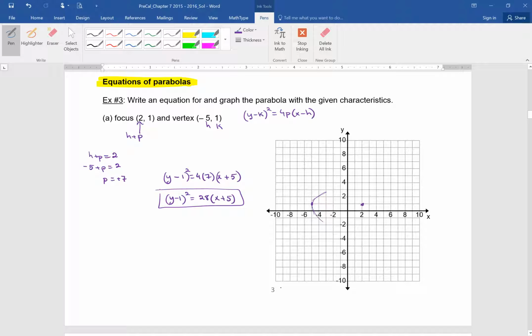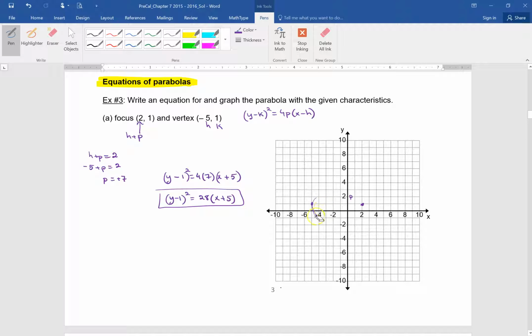Now, is there another way to find p? This distance is also p. How much is that distance? 7. So any which way, you get the same p. And we're going to sketch this.